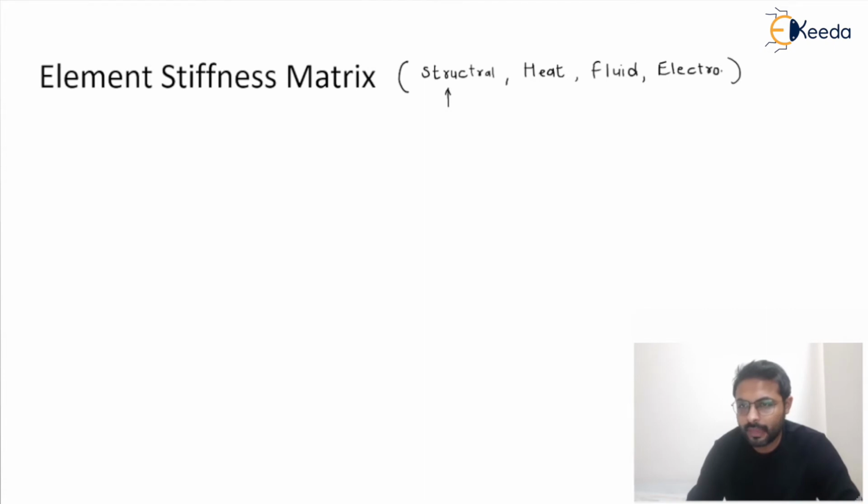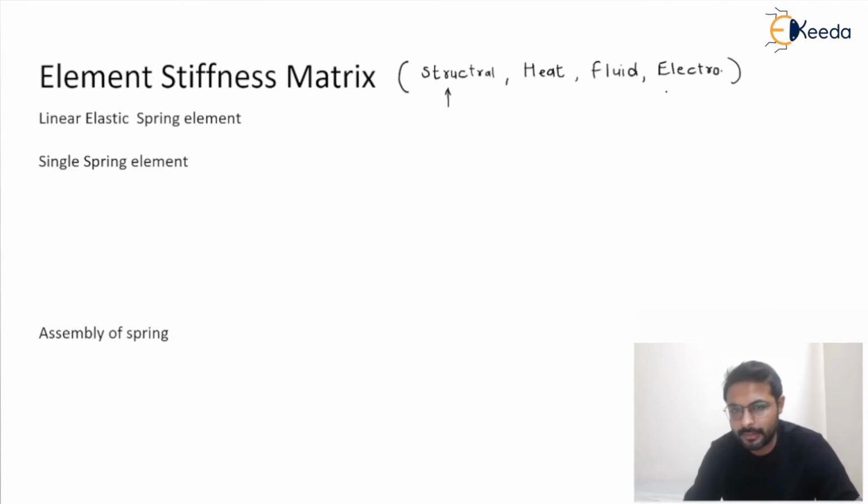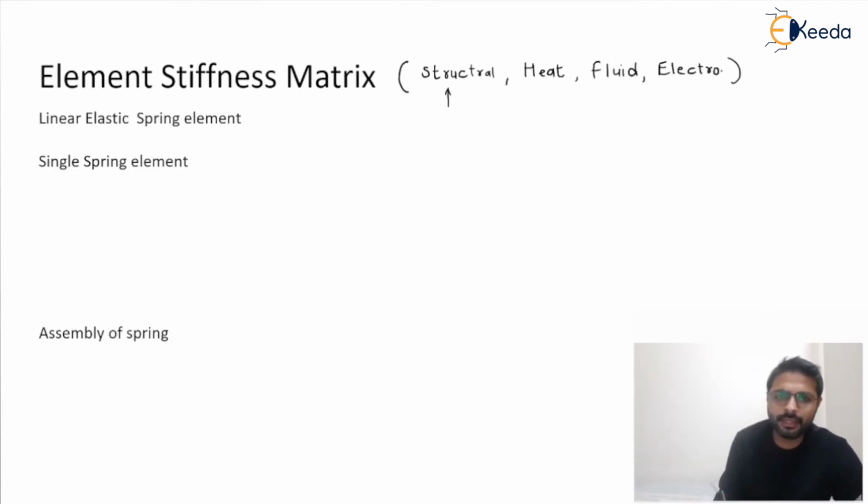After finding the element stiffness matrix for elastic material, we will develop an analogy for the other problems. So let's start. We are considering a linear elastic spring element.